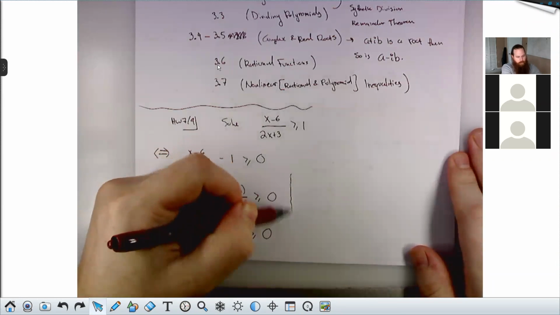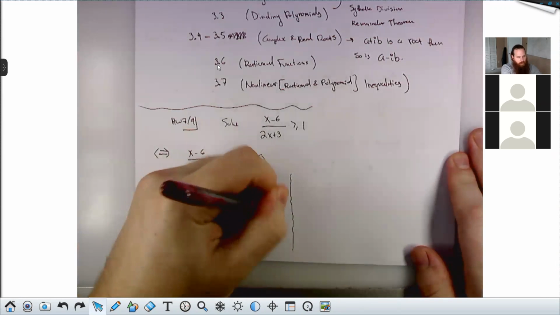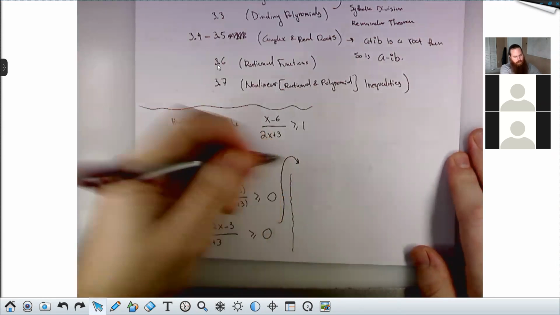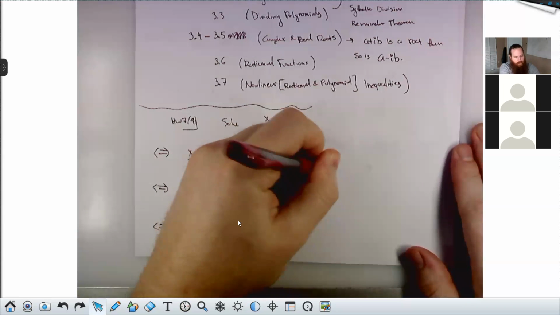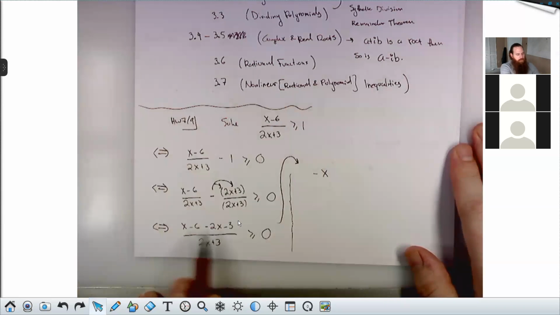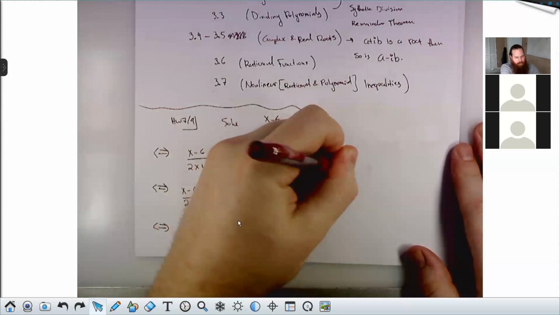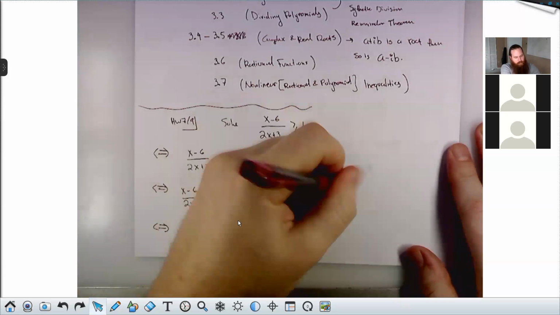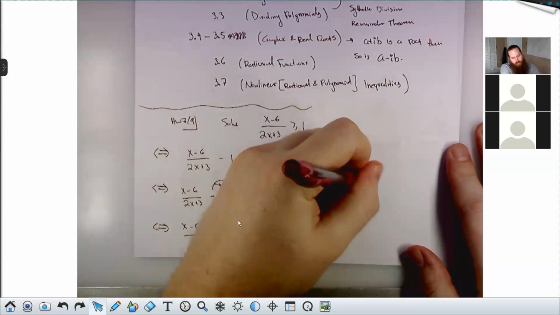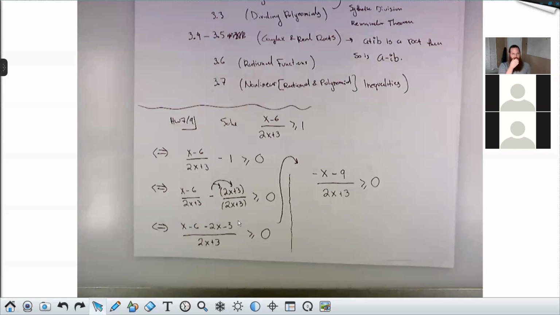I'm going to continue over here. I'll combine the like terms in the numerator. So I have x minus 2x, that's negative x. And then I've got minus 6 minus 3, that's minus 9, all over 2x plus 3 is greater than or equal to 0.